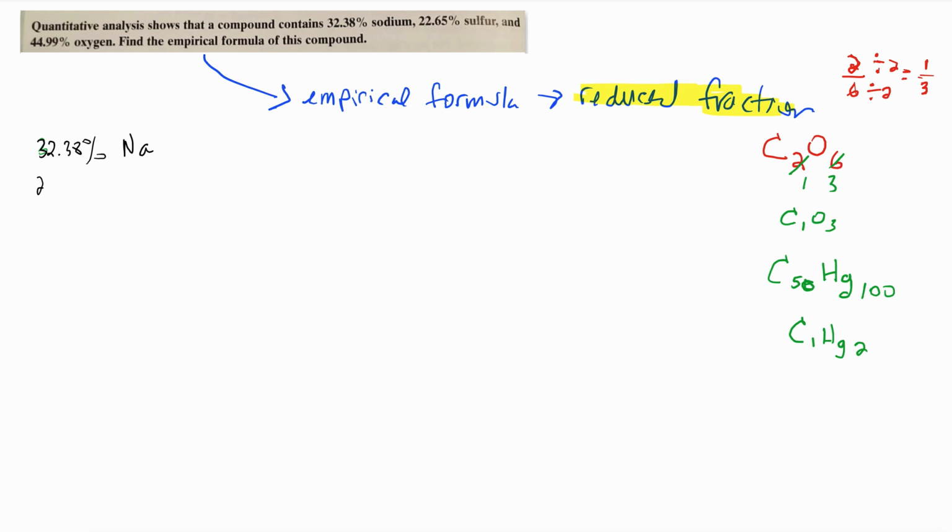You have 22.65% sulfur, as S. And you have 44.99% oxygen, as O. It's my favorite part about empirical formula problems. Magic. You turn all of these into grams.